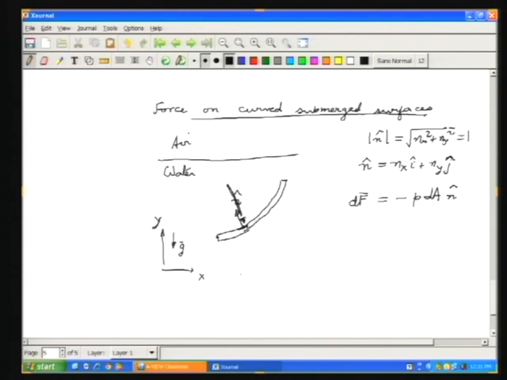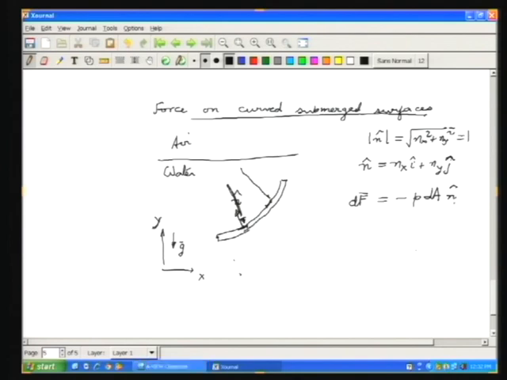So, if n is pointing into the fluid from the surface, the force is going to be in the minus n direction and its magnitude is P dA. Now, if I take another area element, you have to note that because of the curvature of the surface, the orientation is different. So, here the force, elemental force, will be in the normal direction again, but the normal direction has changed.